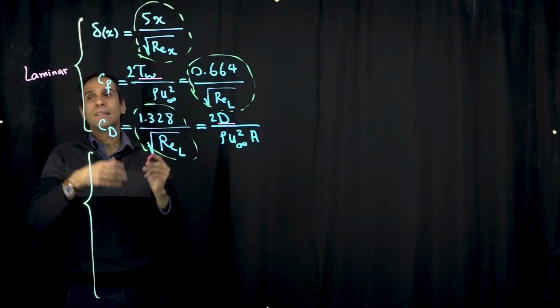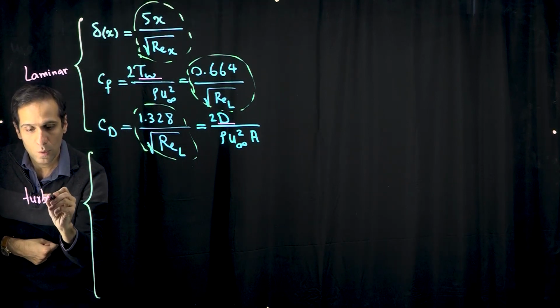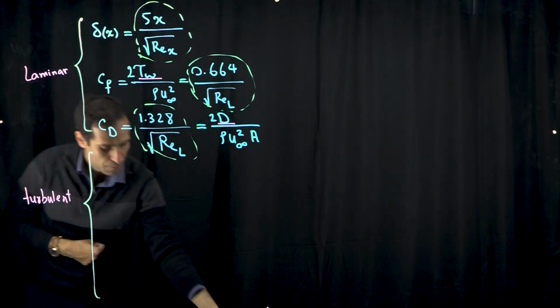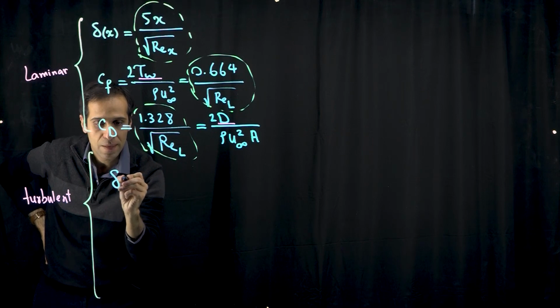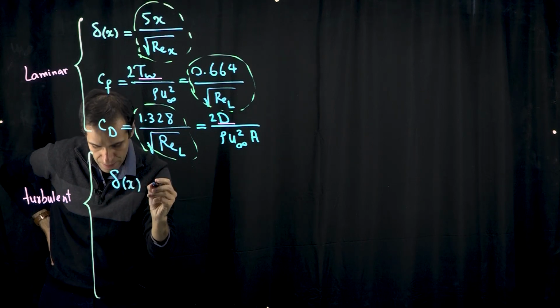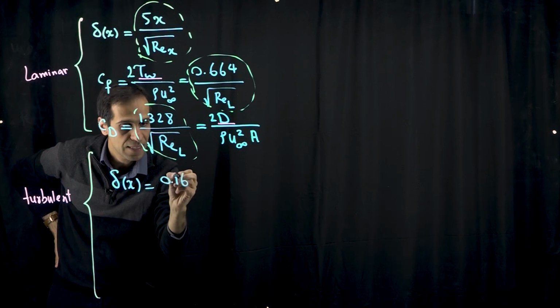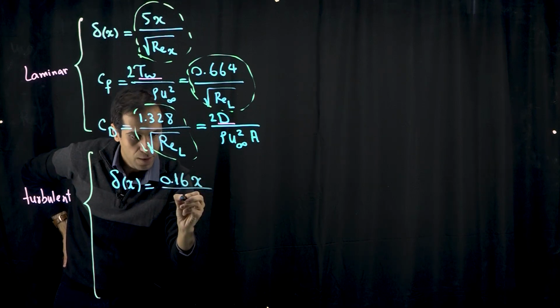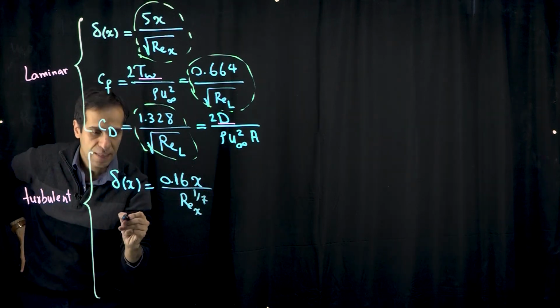If I repeat the same procedure for turbulent flow, we can see these correlations. Delta as a function of x is 0.16 x divided by Reynolds of x to the power 1/7.